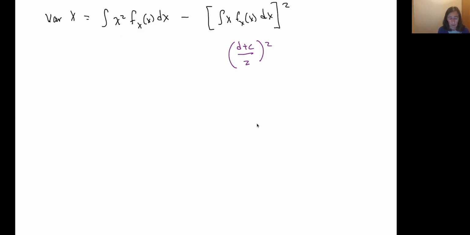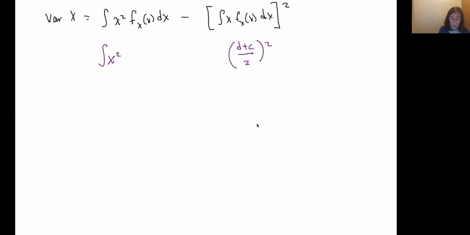The expected value of the square of x, or this first term in the variance. So same as we did before, we'll substitute in the particulars of the PDF that we're working with, and then we'll take the antiderivative to get rid of the integral sign. So what do we got here? It's the integral of x squared, that stays the way it is.